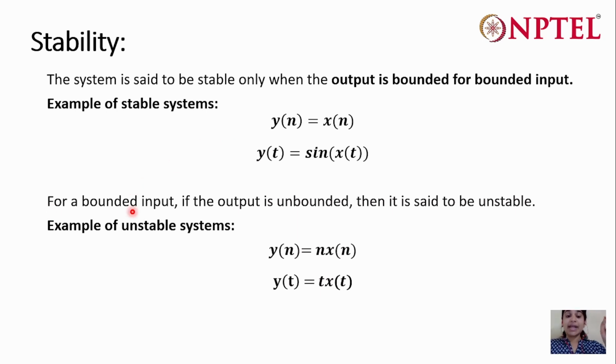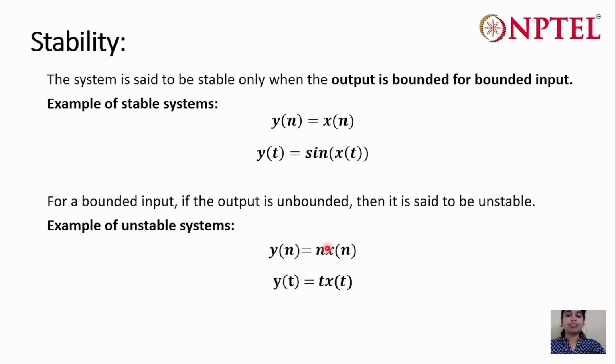For a bounded input, if the output is unbounded, then the system is said to be unstable. So when your output is unbounded, your system is an unstable system. For example, y of n is n into x of n.